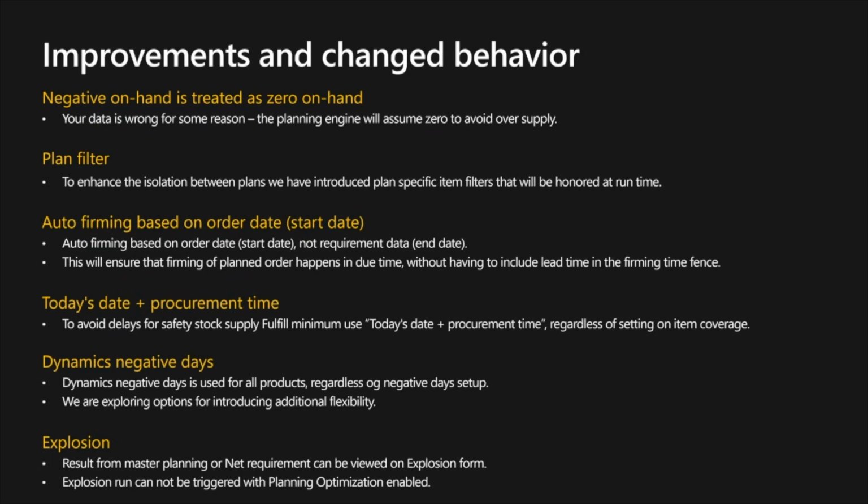The dynamics in the word means that it will use the lead time to look backwards. So if you have an order with a lead time of 5 days, then it will look backwards 5 days to see if you have any demand there. And if not, then it might consider to place an order. But it will not do it if you're within those negative days based on the lead time, because then we might as well use the existing order.